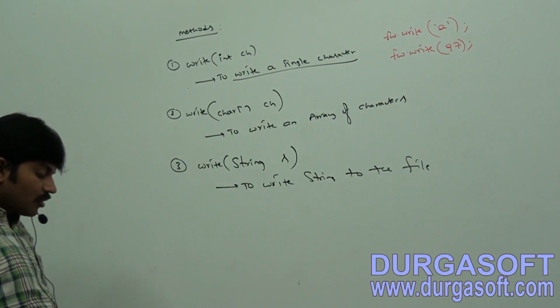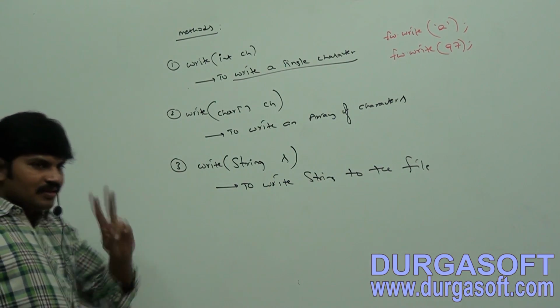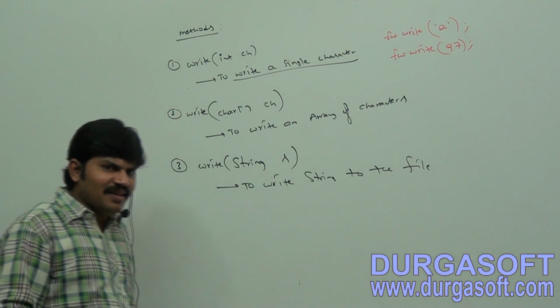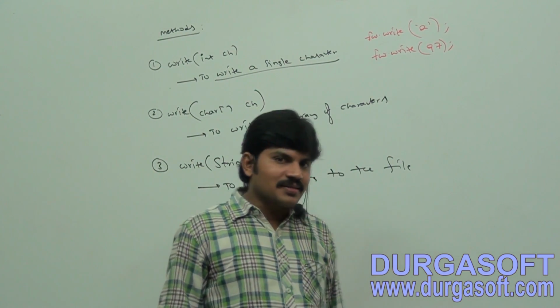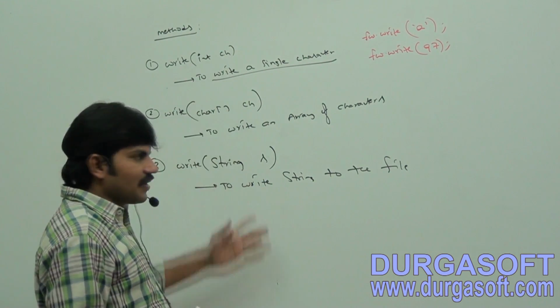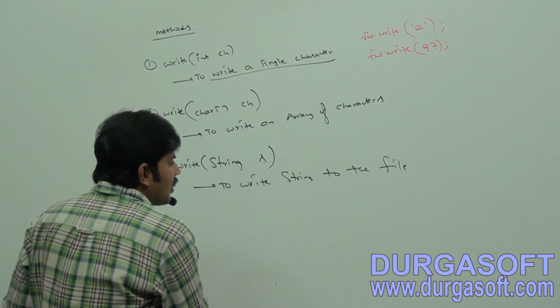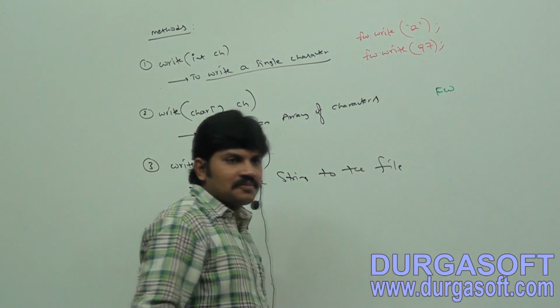Total, how many write methods are there? Three write methods. Can you tell how many writers there are in total? In the agenda I covered how many writers there are. Have you remembered? In the last class, in the agenda, currently we are discussing file writer.